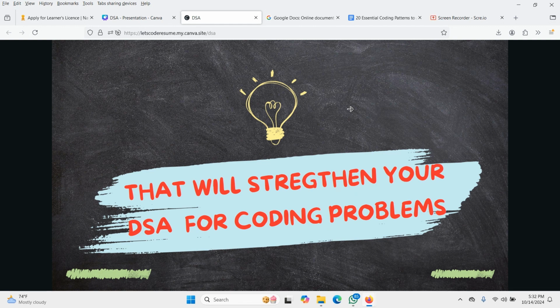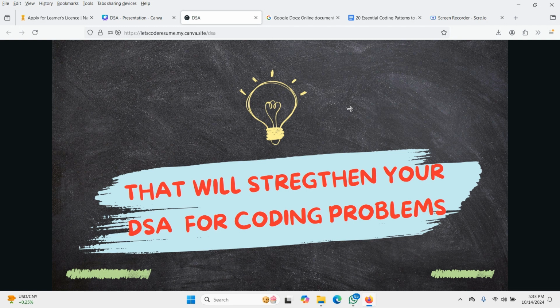After covering all of this, your problem-solving skills will be strong. You will easily identify the problems, and based on the problem identification, you can decide what type of coding pattern you should apply to that problem.